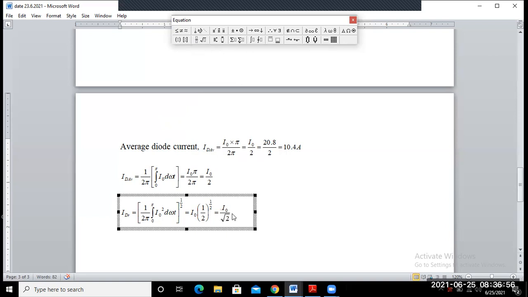I0 is 20.8. So 20.8 divided by root 2, that means divided by 1.42, equal to 14.4.